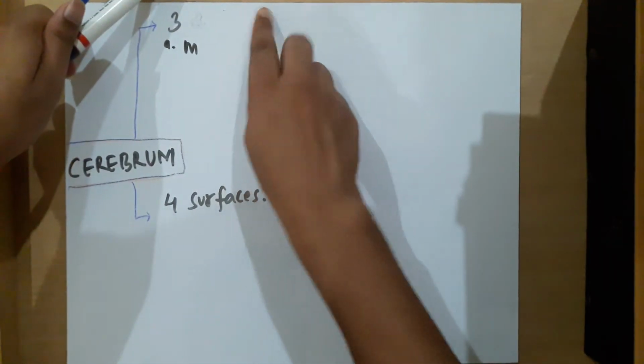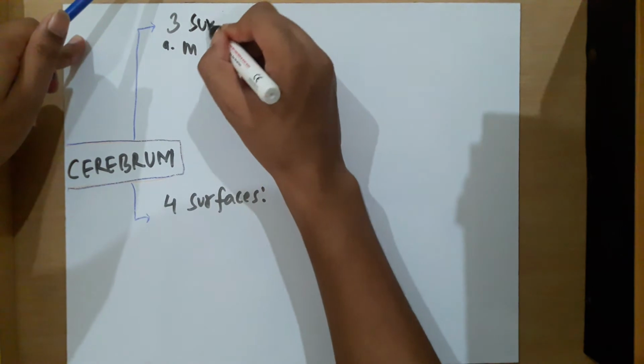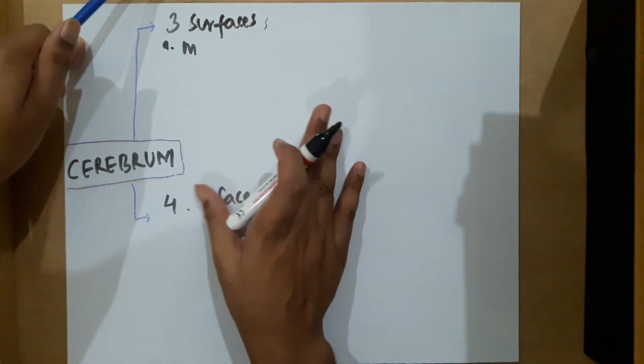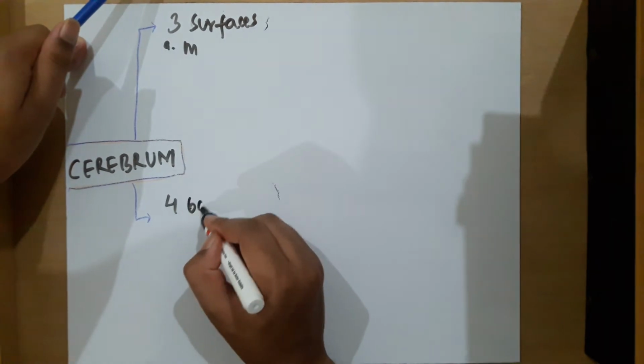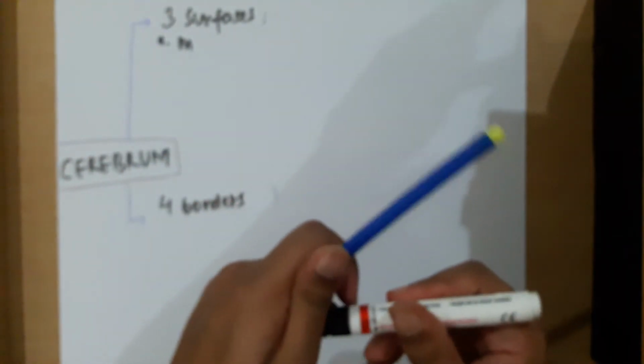Sorry guys, not three borders, the three surfaces. The cerebral hemisphere represents three surfaces and four borders. So don't get confused, I'll tell you once again.